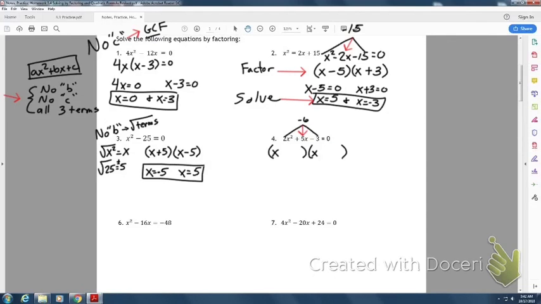Okay, positive 3 and positive 2 add up to 5, but 3 times 2 is positive 6. So it's not 3 and 2. 6 and negative 1. Okay. 6 times negative 1 is negative 6. 6 plus negative 1 is 5.